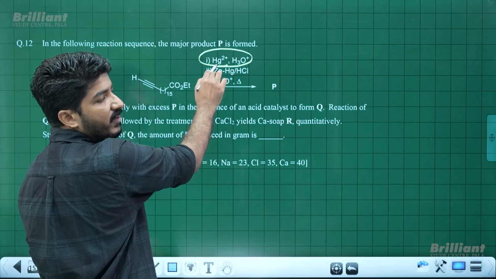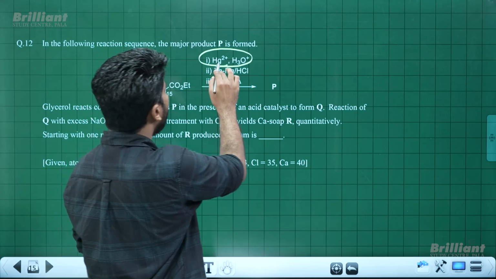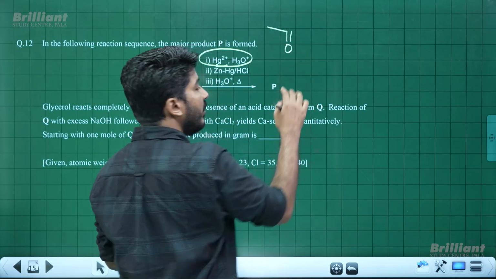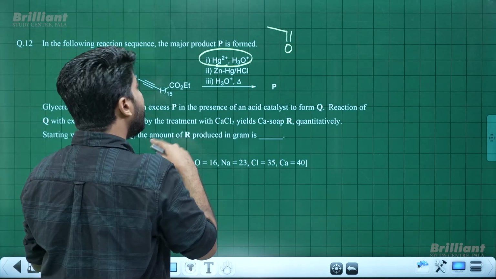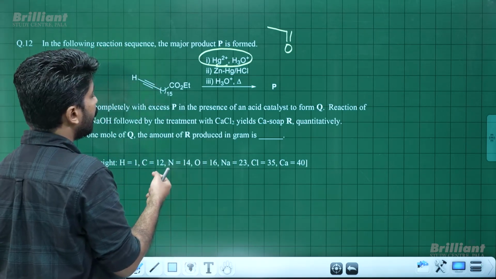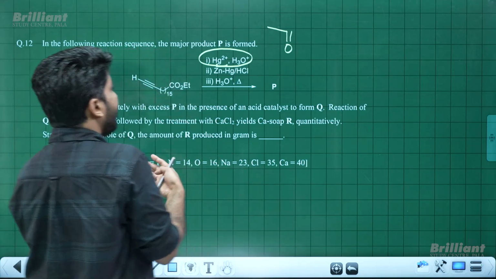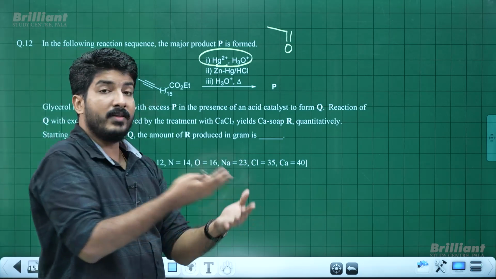You know, it is a hydration reagent for alkynes, and it is a Markovnikov addition also. Markovnikov addition will give us the more stable enol product first, and after that it tautomerizes quickly to the keto form, not the aldehyde.